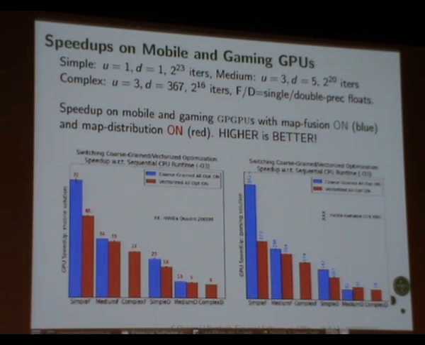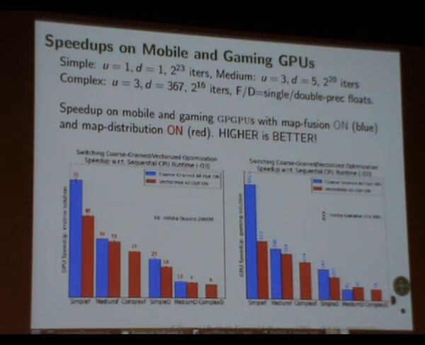So with blue, you see basically the fused version of the code. And with red, you see the vectorized version of the code. And we are estimating three contracts. Simple means that we have 1 underlying and 1 date. Medium means that we have 3 underlyings and 5 dates.